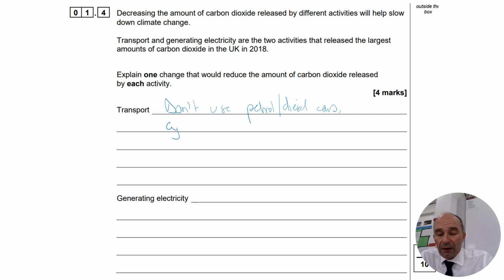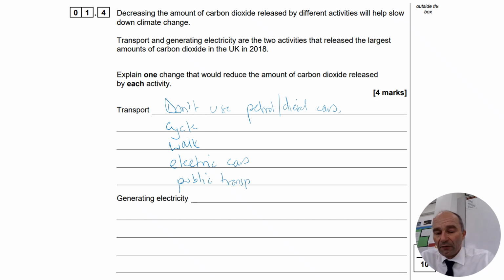You could cycle, you could walk. Don't forget, you could also use things like electric cars. Even hydrogen fuel cars would be fine. Also, don't forget about public transport.